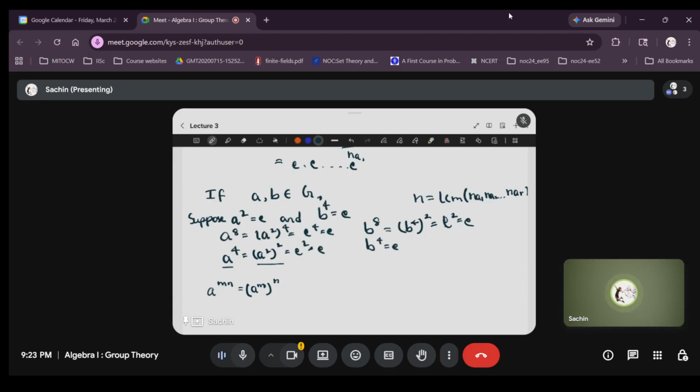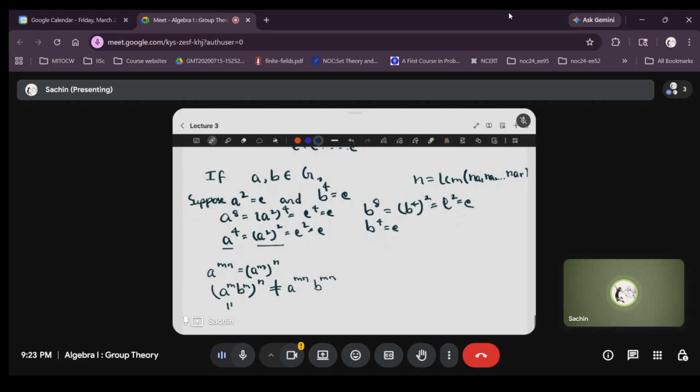Okay, you can still write this as: if you have a power m, b power m, all to the power n, then you can't write this as a power mn, b power mn.